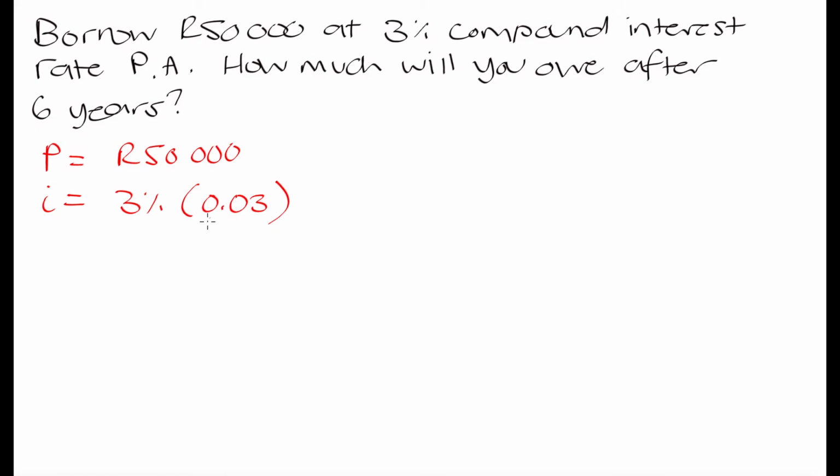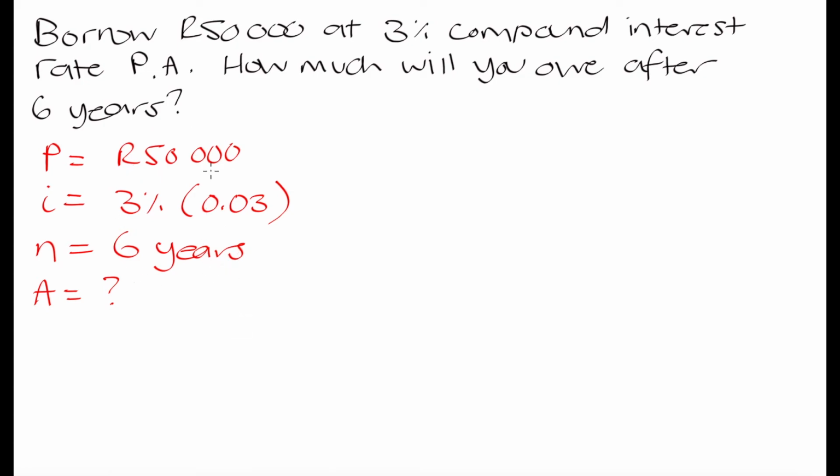So that's what we will plug into our formula. Our n, our number of years, is 6 years. That is how long we are keeping that money. And in this case, A is again what we are going to need to calculate. That is the amount that we are going to owe after 6 years of paying this 3% compound interest rate on this principal.